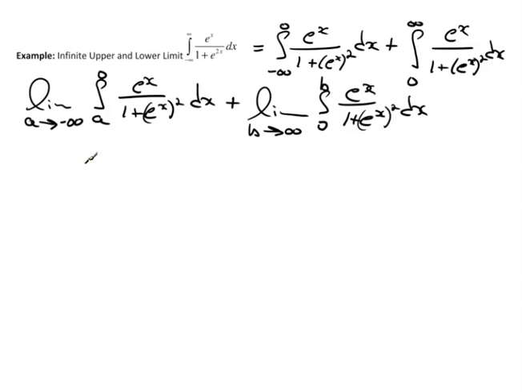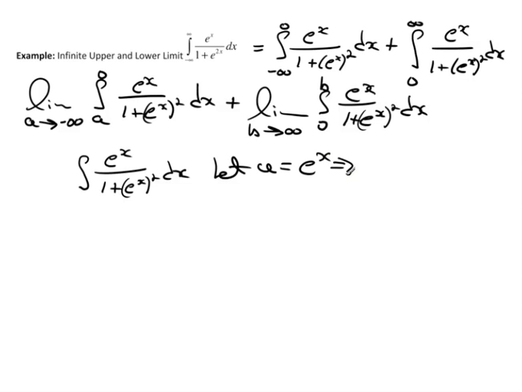So just for a moment here, I'm going to think in terms of the indefinite integral, e to the x over 1 plus e to the x squared dx. Now, this is just crying out for a u substitution. So let's let u equal e to the x, then du equals e to the x dx.